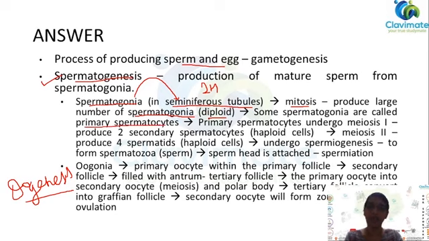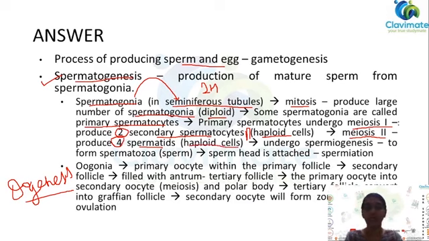The primary spermatocytes produce secondary spermatocytes through meiosis 1, forming 2 secondary spermatocytes. They are haploid, that is n, 23 chromosomes. Then they undergo meiosis 2 to form spermatids. You have 4 spermatids, and they are also haploid.